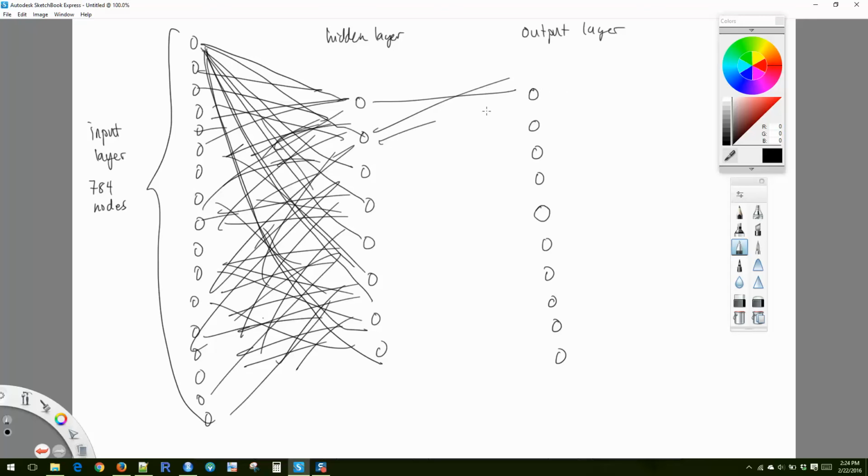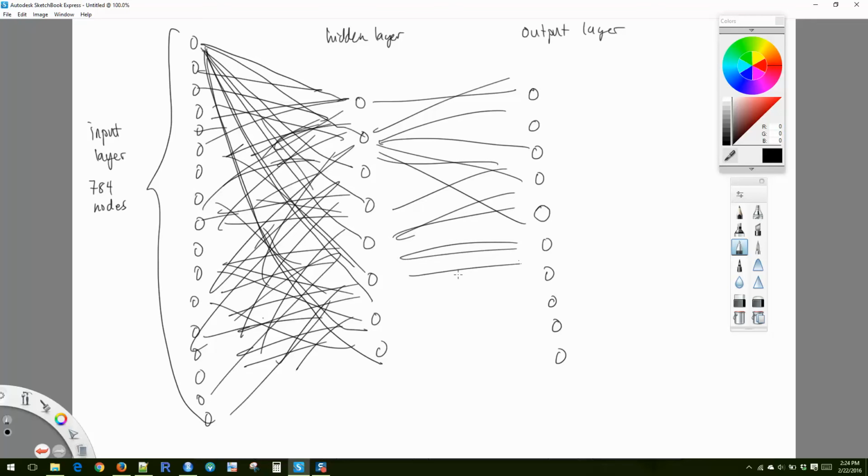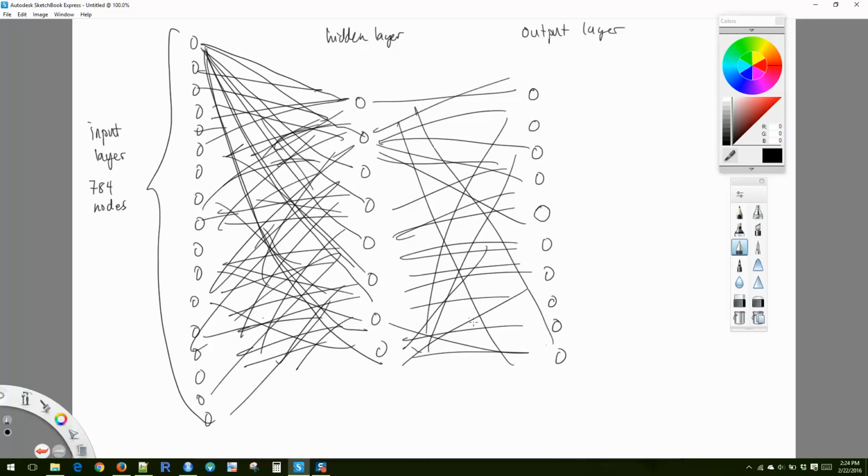We have the mess of connections from the hidden layer to the output layer, all of these. So we have 10 nodes, basically one node per category.